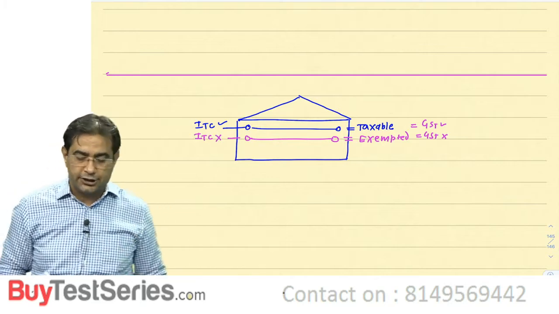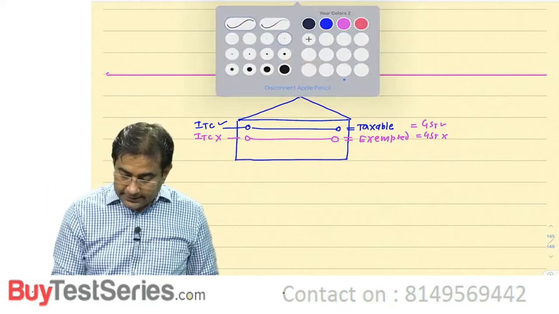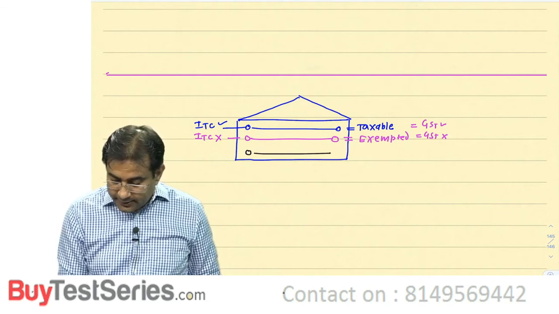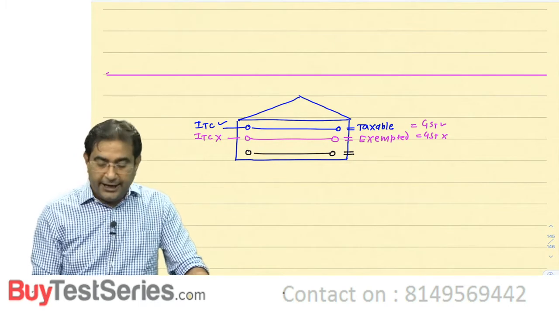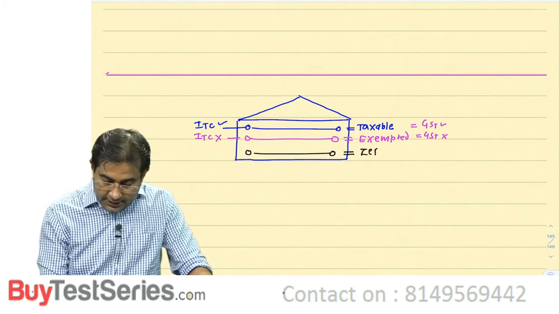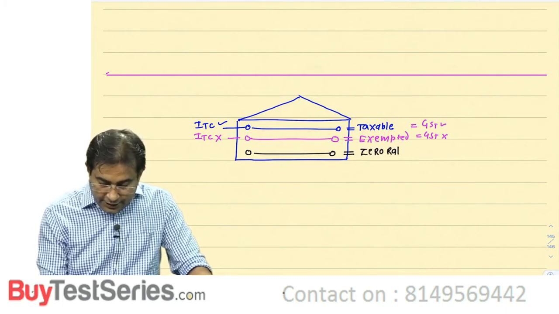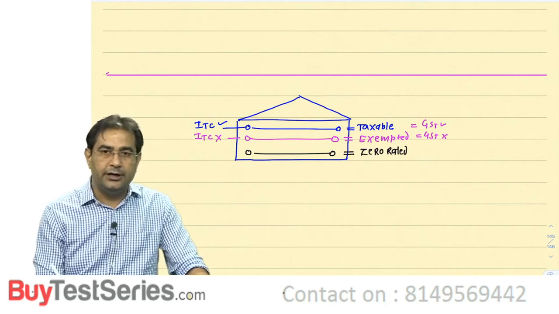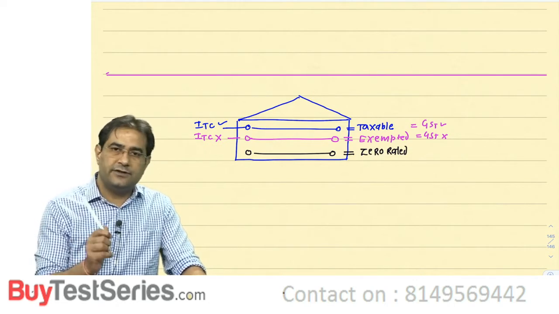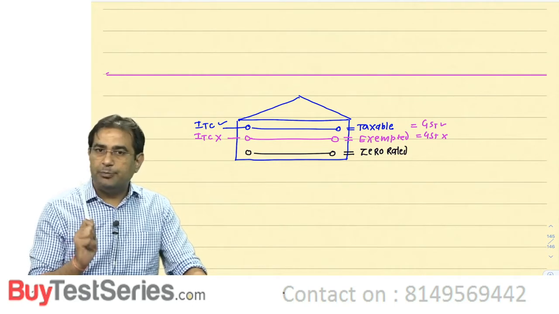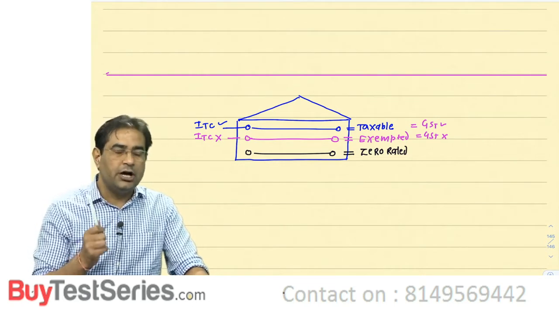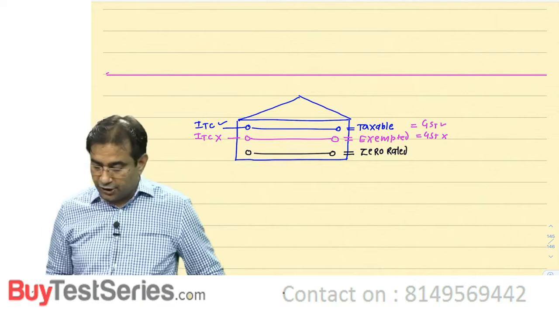And the third scenario is this, sir: a person making zero rated supply. Export transactions are called zero rated. Zero rated has two limbs, as I told you earlier: supply of goods or services abroad, or supply of goods or services to a special economic zone unit or developer of a special economic zone.